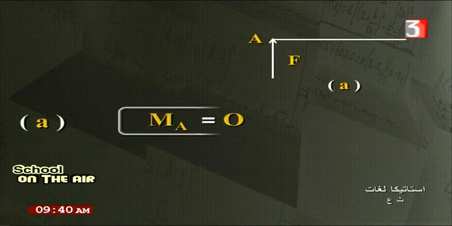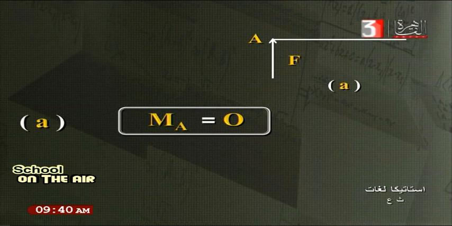Number A, the moment equals 0. Why? Because, excellent student, the line of action of the force passes through the point A. This is the rule: any force passing through the point has moment equal to 0.